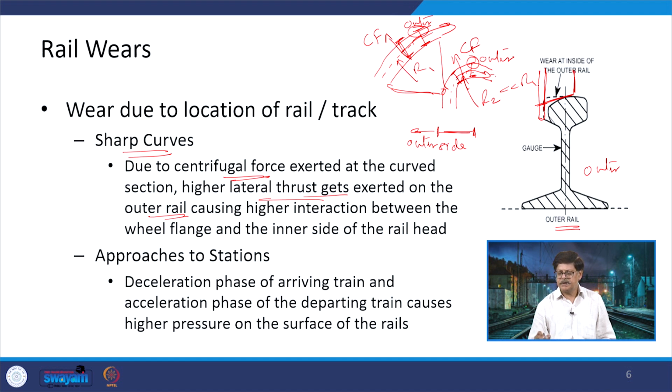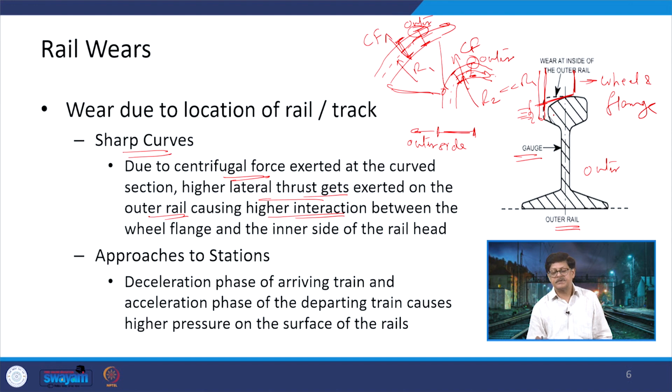So this is a wheel and flange arrangement. Because that is the gauge side, higher interaction will start occurring in this portion, and this higher interaction is between the wheel flange and the inner side of the rail head.